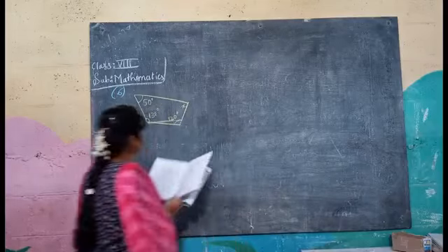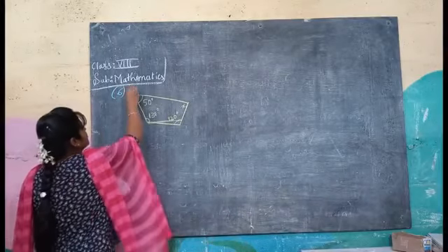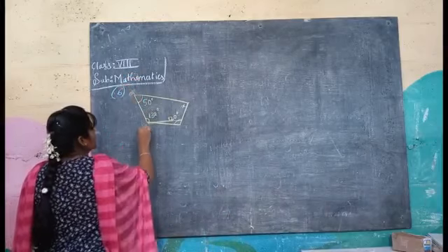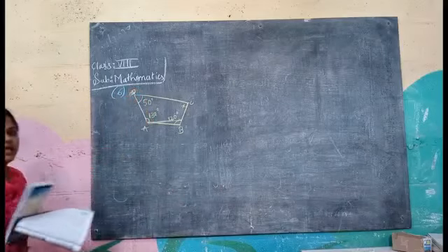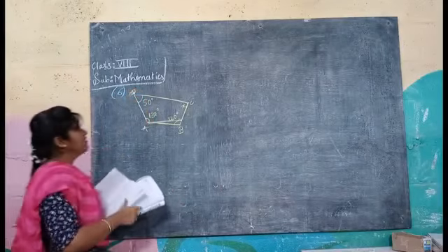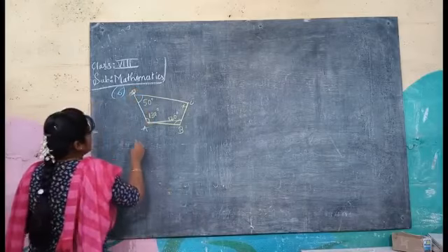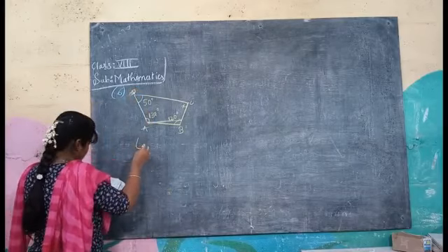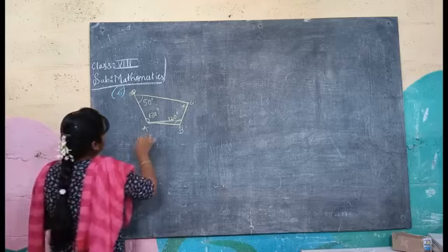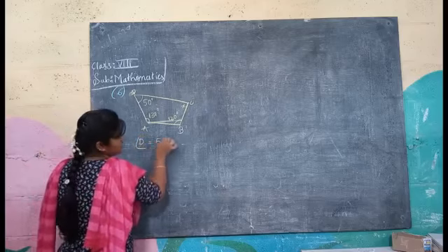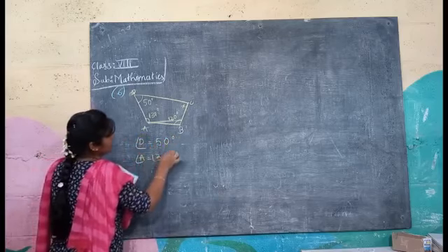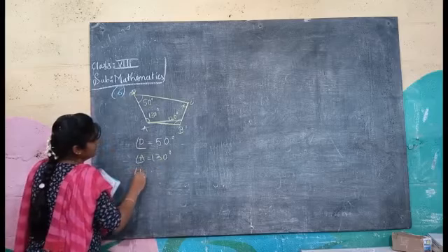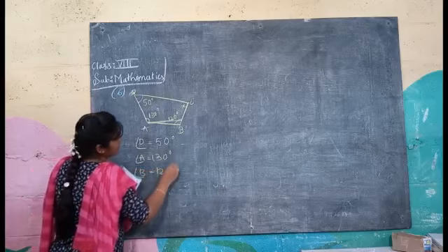Okay. First, we'll name it like this: A, B, C and D. Now we'll write it. Angle D is equal to 50 degree. Angle A is equal to 130 degree. Angle B is equal to 120 degree.